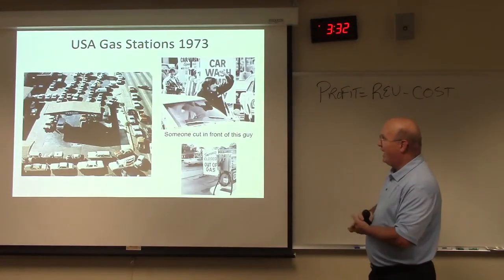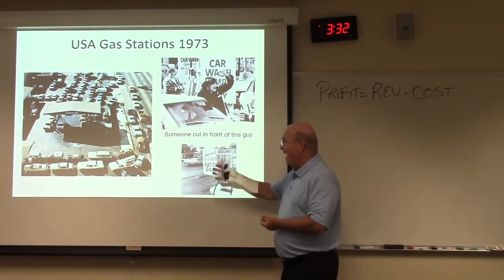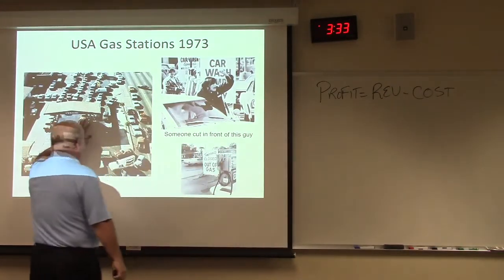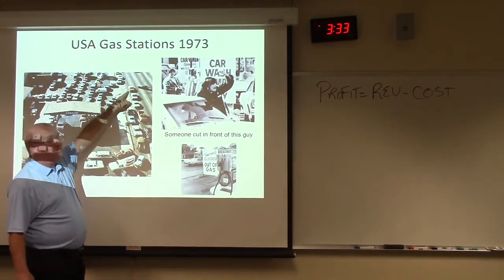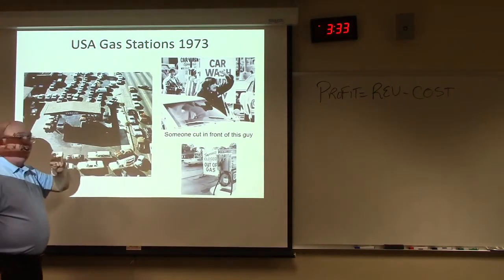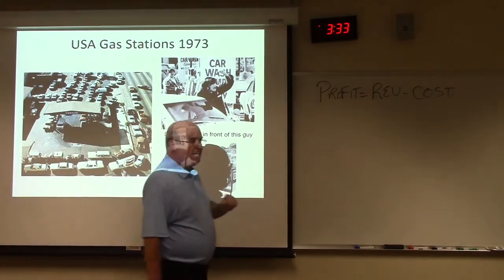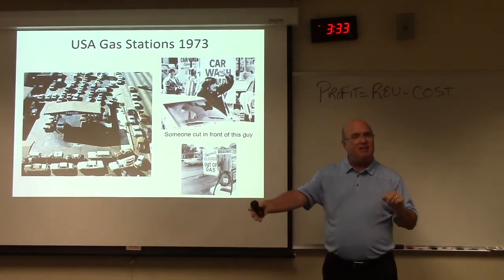And this is what it looked like. These are the gas lines that we had. Literally, here's the gas station, the line comes up, comes around this way, comes back up, and is over here. That's the line for the gas station. You had to have a certain number on your license plate depending on the day you went to fill up.